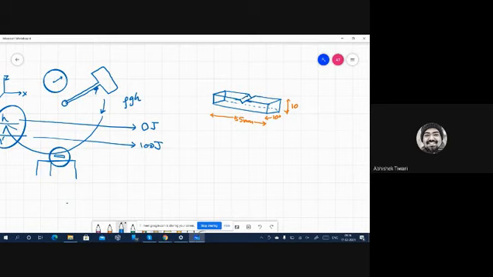Yeah. So that is a notch, and if you look at the notch from the side view, it will look like this. So this angle is 45 degrees, and the depth of the notch, so from the surface to the notch tip, that depth is 2 millimeters.